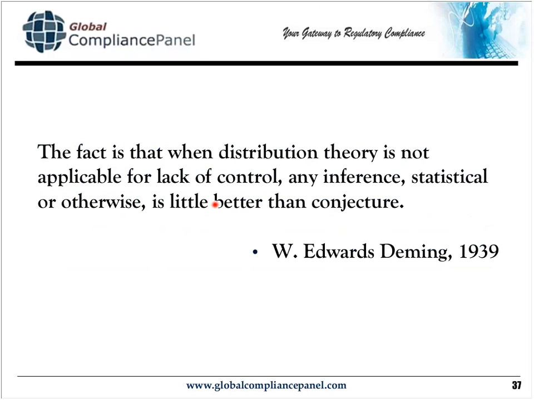Now, this is Deming's statement, and I will conclude with this. If your distribution theory, in other words your control, if the normal distribution is not applicable because you lack control of your process, then any inference, statistical or otherwise, and this includes things like planning for the future, how many lots you're going to make, how much product you're going to make, what your sales are going to be, all this is little better than conjecture.